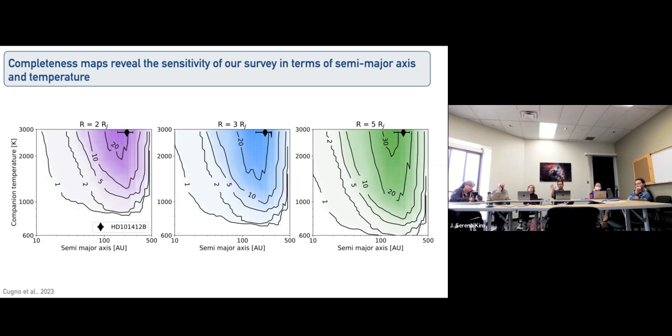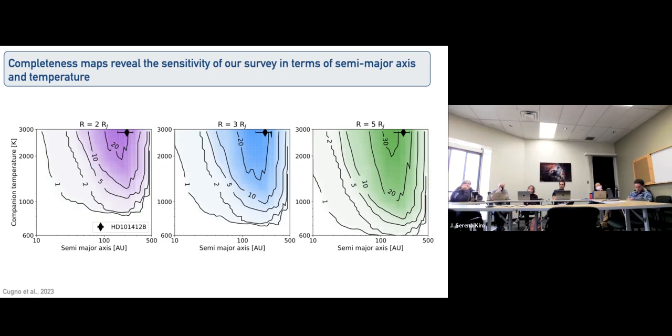Again, we consider three different radii, 2, 3 and 5 Jupiter radii. And on the y-axis, instead of having the mass of the planet, as it's usually done, we have the companion temperature. The only detection we have within this temperature range is HD 101412b.